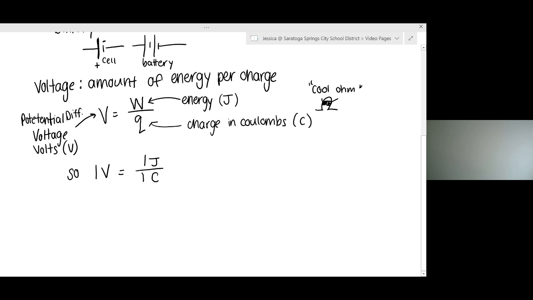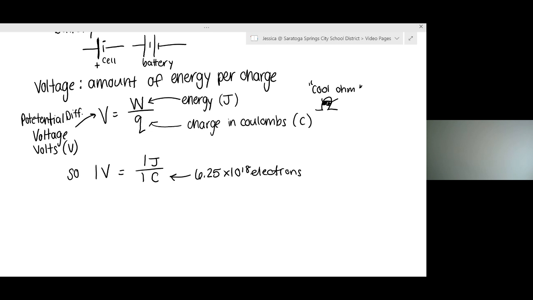If you're wondering what 1 coulomb is in terms of how many electrons it is, 1 coulomb is 6.25 times 10 to the 18 electrons. So a whole heck of a lot of charges is in 1 coulomb of charge. In a 9-volt battery, each coulomb of charge has 9 joules of energy, and so forth.